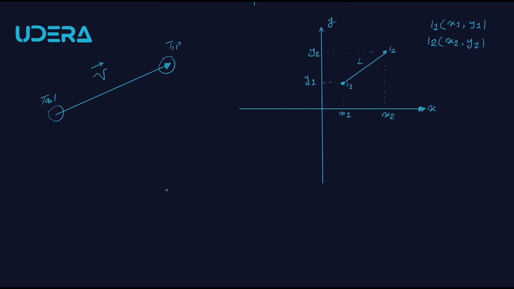the length of L can be obtained using the Pythagorean theorem, which is the square root of (x2 minus x1) power 2 plus (y2 minus y1) power 2.